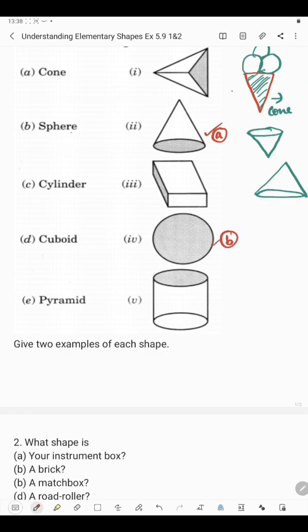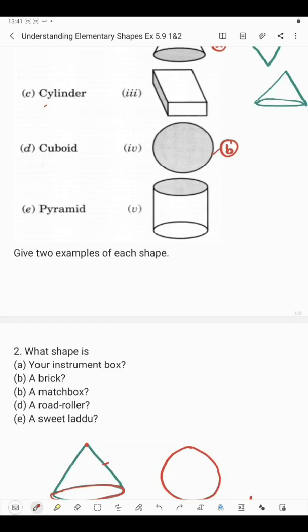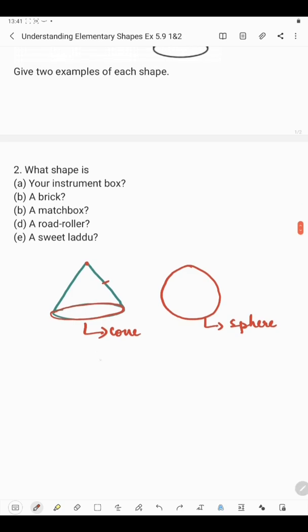Now coming to cylinder. Now what is a cylinder? Look at this. What do we call it? It's a candle, right? The base of the candle looks like this.